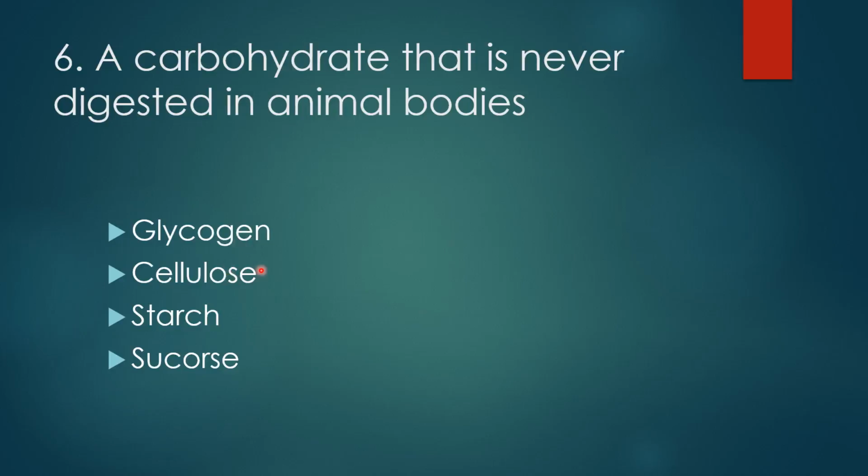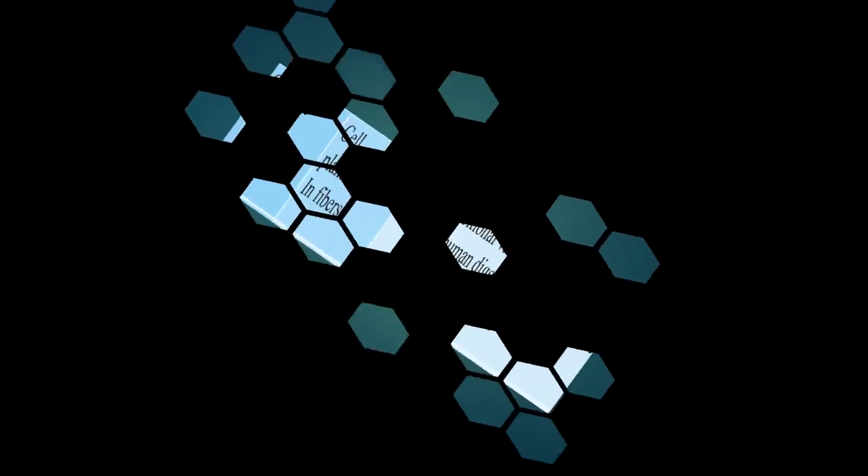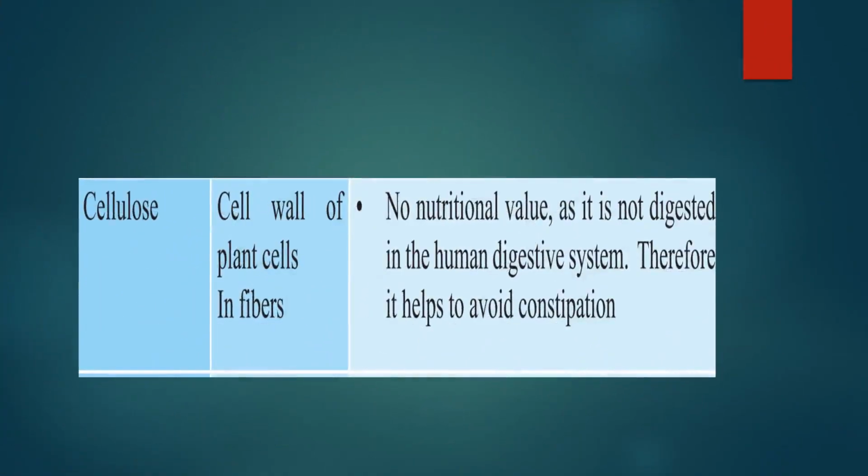If the paper is asking you about constipation, not digested in the animal body and present in the plant cell only, it's always cellulose. It's given in your book like this: cellulose has no nutritional value as it is not digested in the human digestive system. Therefore, it helps to avoid constipation.